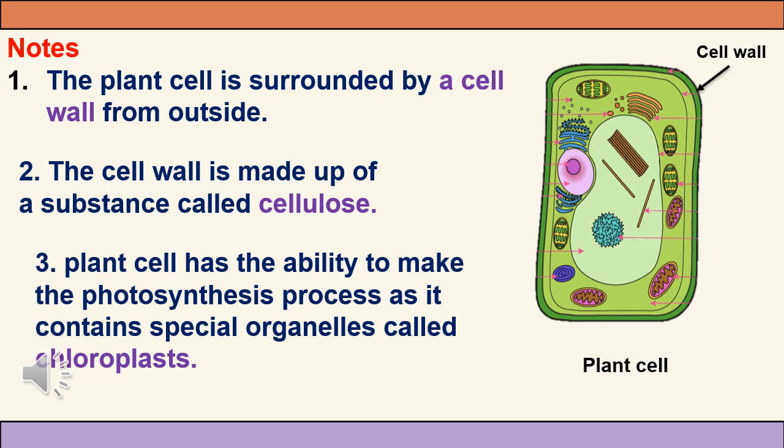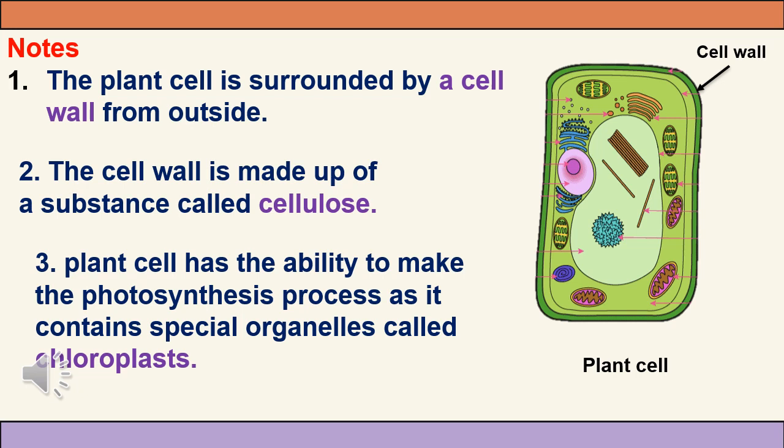Look here in this picture. Does this picture represent the animal cell or the plant cell? Super, this picture represents the plant cell. And look here, which part covers the plant cell? Is it the cell membrane like the animal cell?